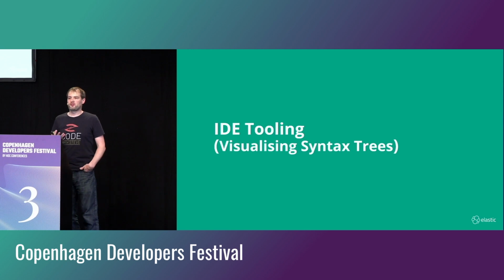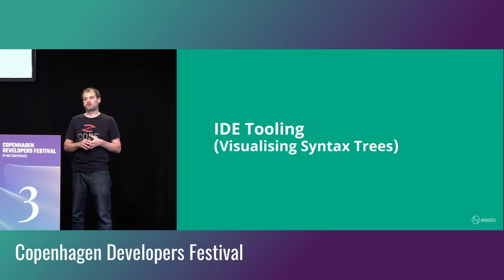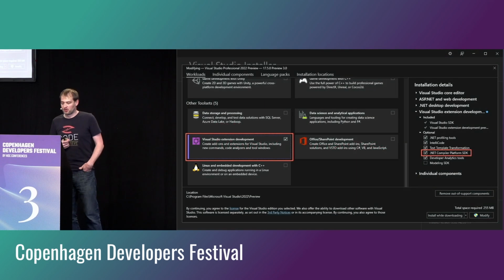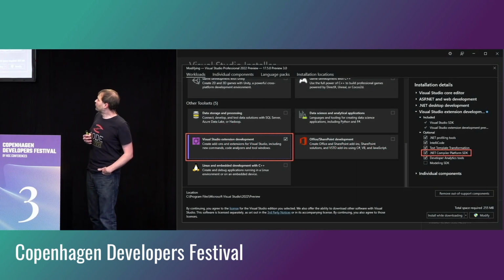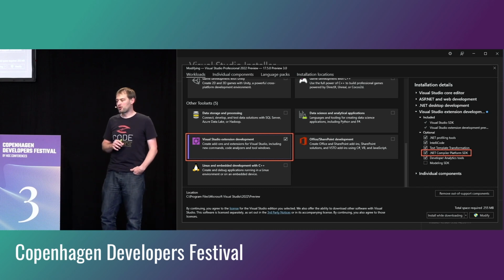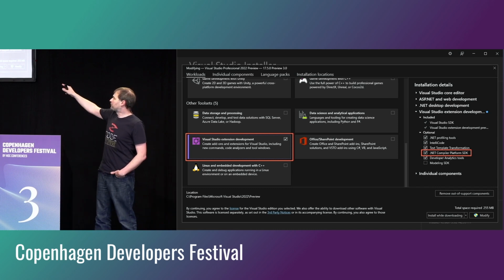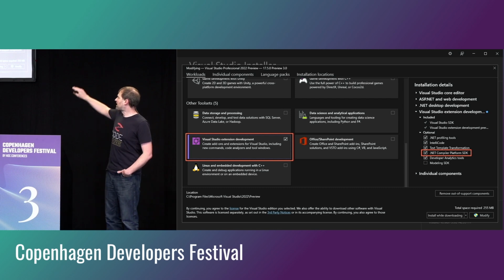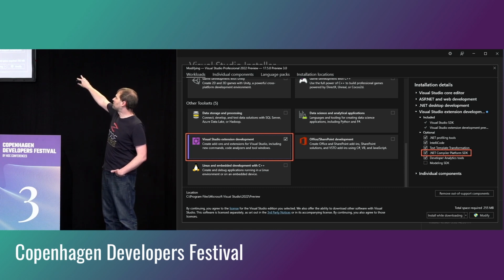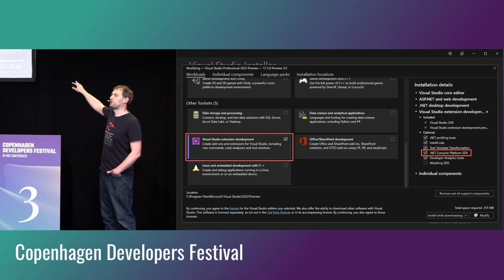To work with this in Visual Studio, I want to show you a couple of things just to help visualize this concept. There is some tooling in Visual Studio to help us with that. This slide is probably a little small, but hopefully you can see it. I'll describe what it's showing. We're adding in a workload for Visual Studio extension development. The reason I'm adding that is because on the right-hand side, you can see it includes the .NET Compiler Platform SDK.